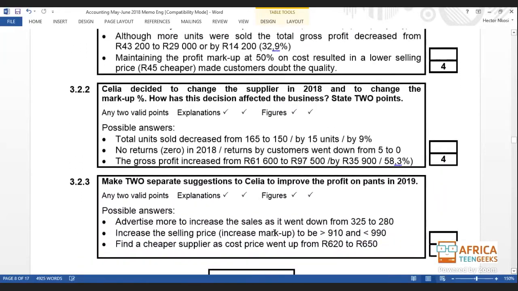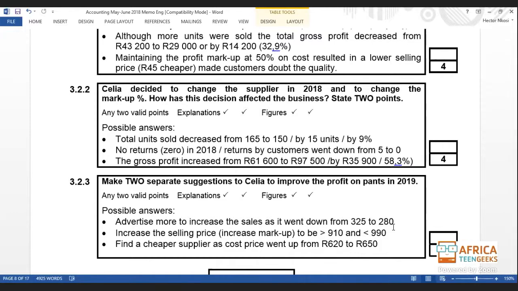Then it says make two separate suggestions to Celia to improve profit on pants. So now how can you improve profit? One thing, guys, the main thing is always to advertise more to increase sales, as it went down from 325 to 280. So if I want to make greater profits, I need to advertise my product.